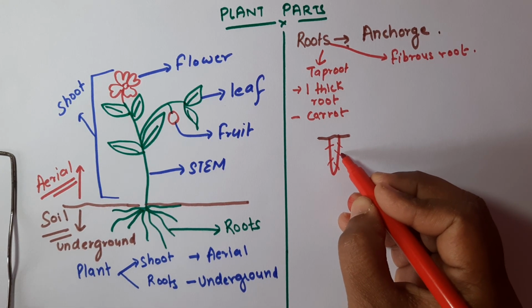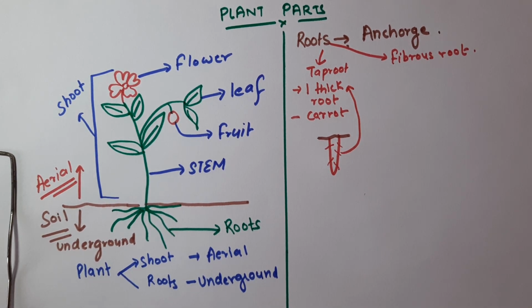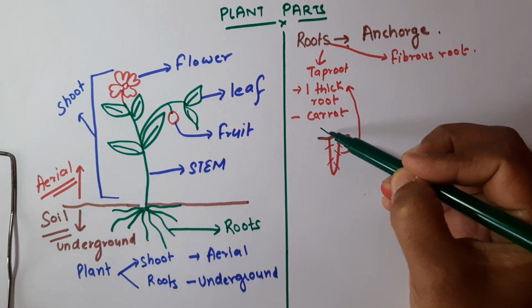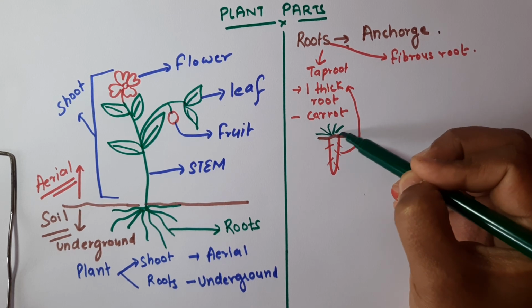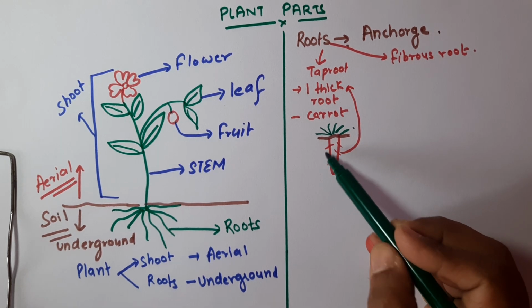This is the thick root we are talking about, and this is below the ground, and this is the aerial portion. Apart from the carrot, beans, beetroot and mustard all have the taproot. So this is the taproot and these are the root hairs.